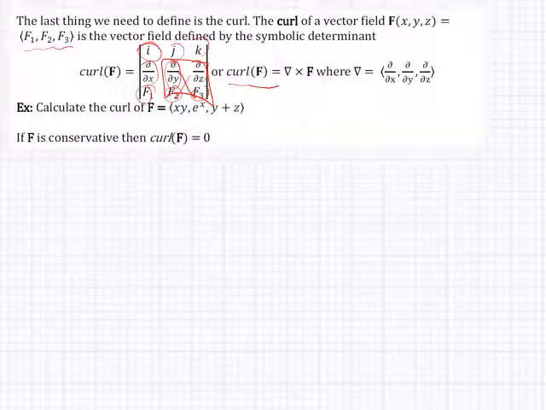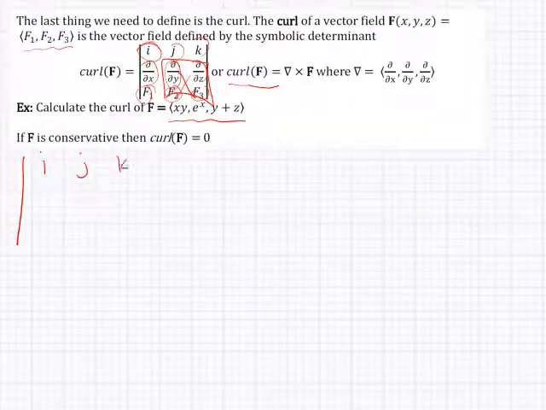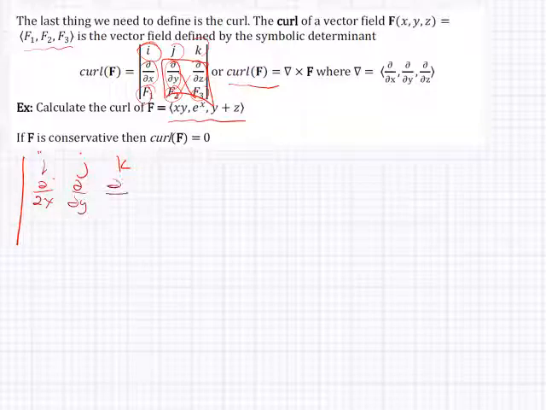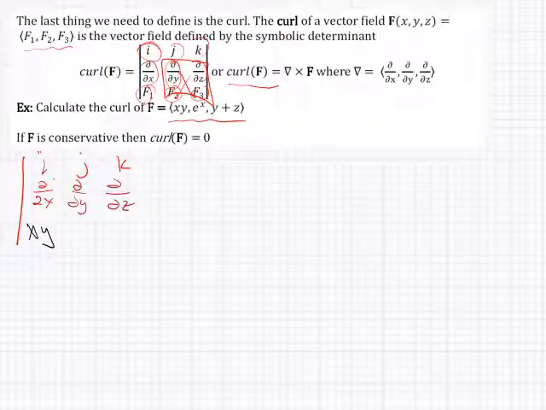So let's calculate the curl first for this vector field. If I set up this i, j, k, partial with respect to x, partial with respect to y, partial with respect to z, and then f1, which I'll fill in here as xy, f2 is e to the x, and f3 is y plus z.